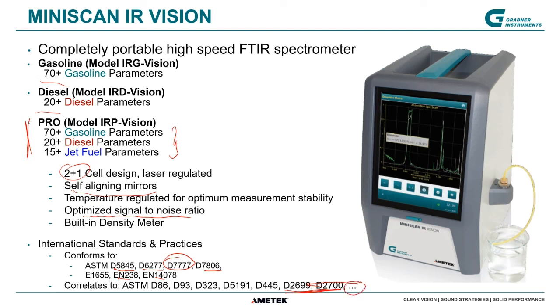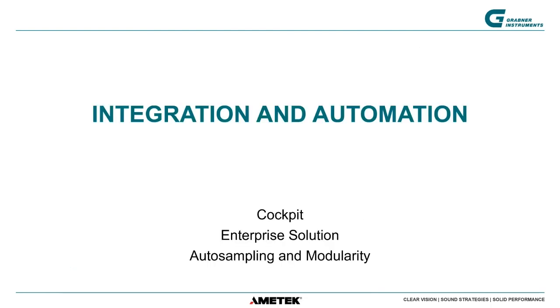And there are many more standards to which we can correlate because of the flexibility of this instrument. As long as the composition has something to do with a property, you may find features in the spectrum that you can correlate. So this database of fuels and the number of parameters which we can provide with the instrument is constantly growing.